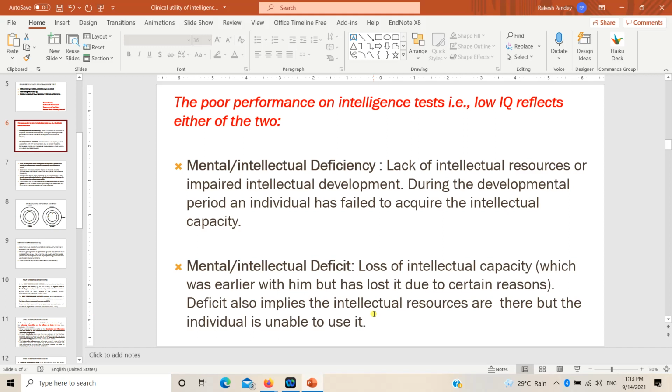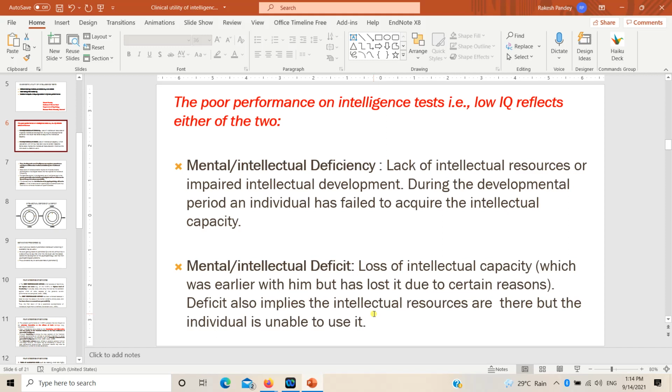So these two conditions: either the intellectual resources have been lost permanently, say through brain damage, because neural regeneration is not possible as of now. We have not developed any technology to regenerate neurons, so that will be a relatively permanent loss. That is also intellectual deficit.